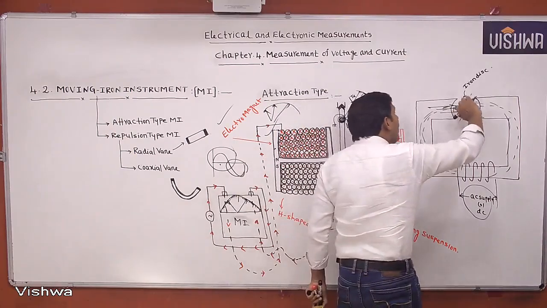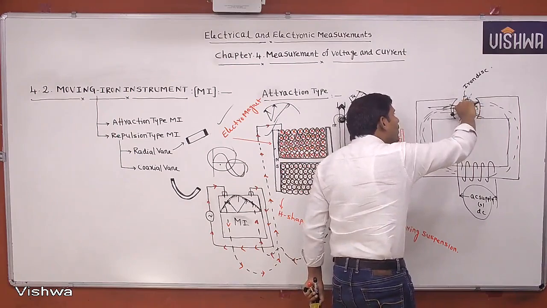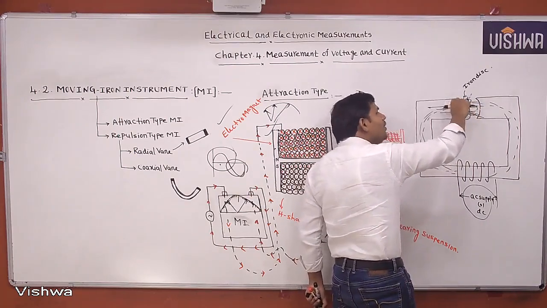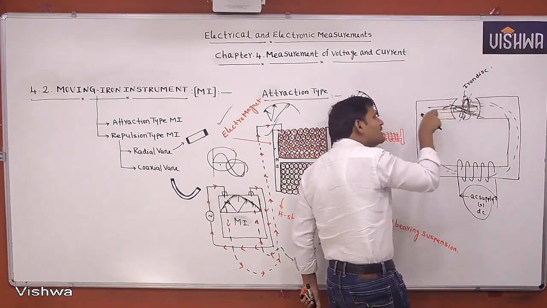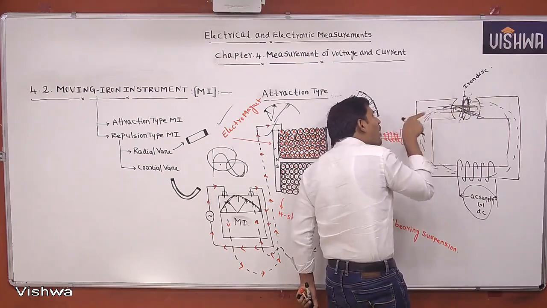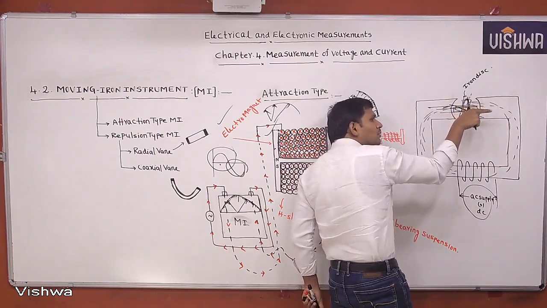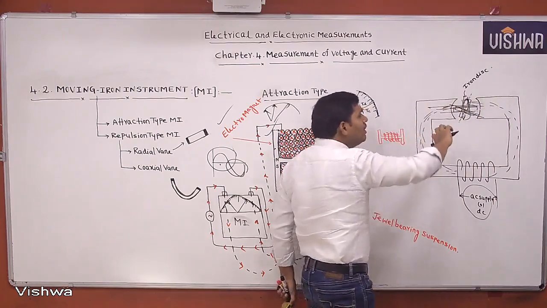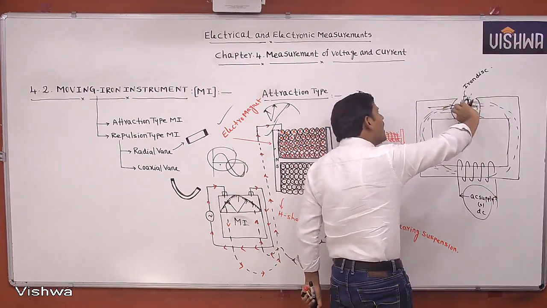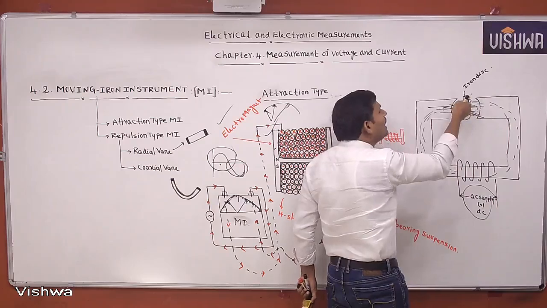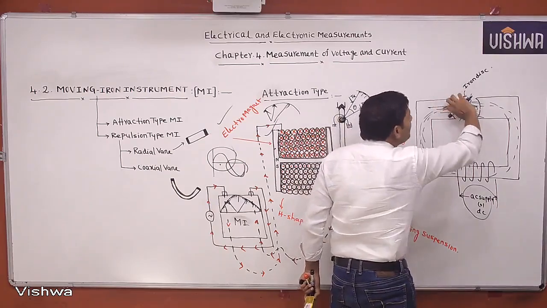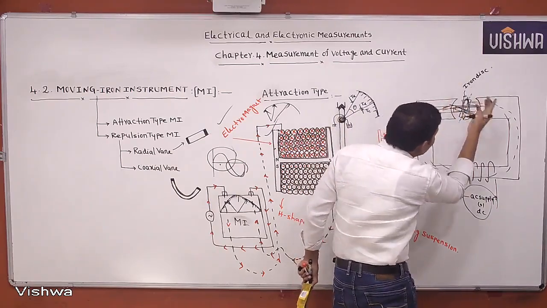It always tries to align to offer the low reluctance path. To offer low reluctance, the flux lines must pass through the iron core. So in order to offer the low reluctance path, the iron disc will be rotating, and once the iron disc is rotating, the pointer is also moving on the scale.